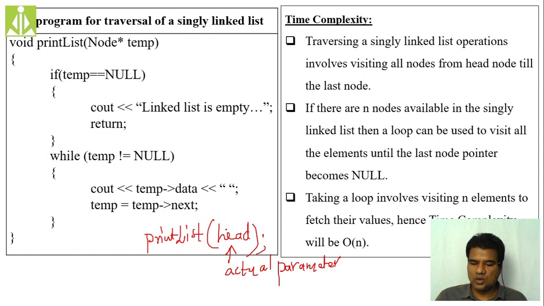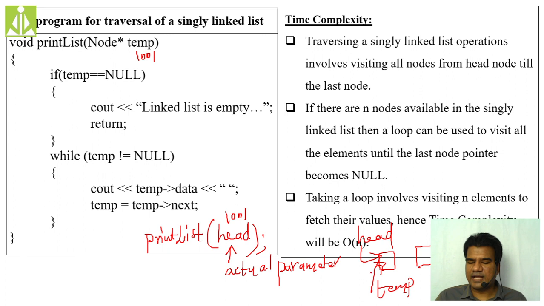So whatever head is holding, let us say head is holding 1001, that same 1001 will get copied into this temp. Now temp will hold the first location's address. So for our linked list, we have two heads: first is the actual head, and second is temp.